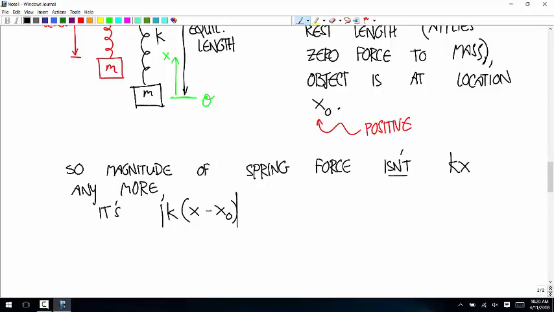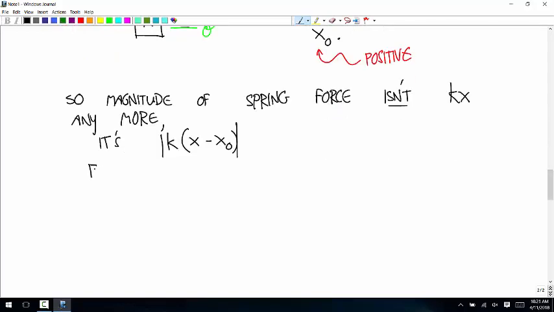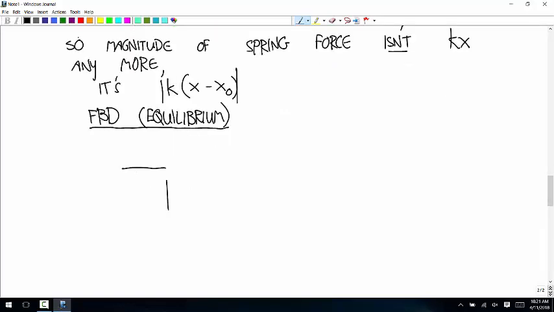All right, so now let's draw a free body diagram. And before we go into the one for the oscillatory motion, let's do a free body diagram and Newton's laws for the thing in equilibrium. So there's the mass. We have the weight acting down.